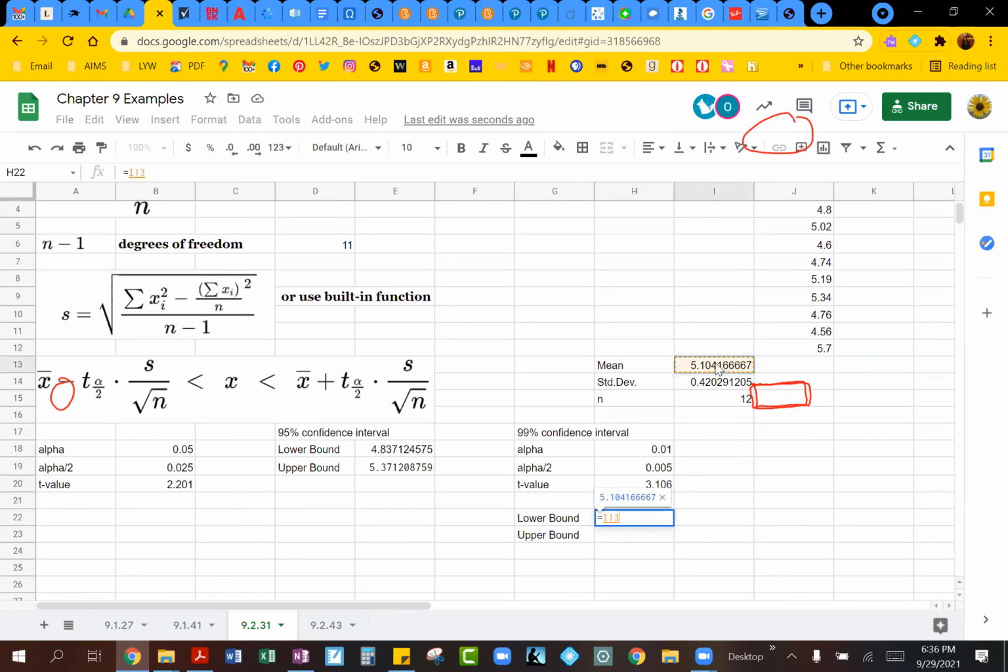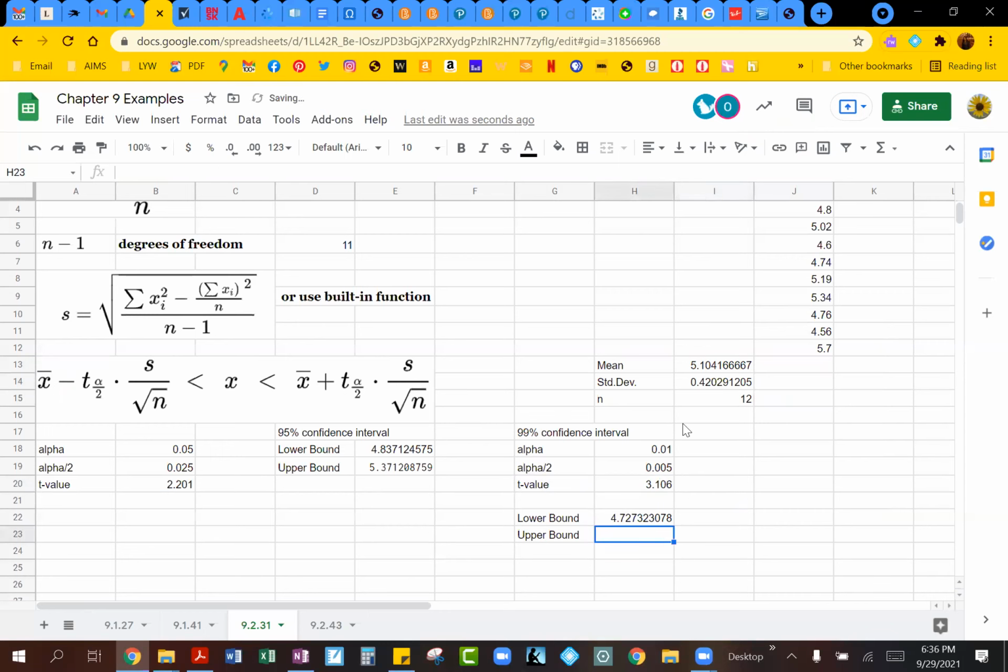So X bar is still this 5.104 over here. Multiply that by our t value, which is the 3.106. Sorry, not multiply, subtract. Subtract, and then multiply with our standard deviation divided by the square root of n, which of course also stays the same.